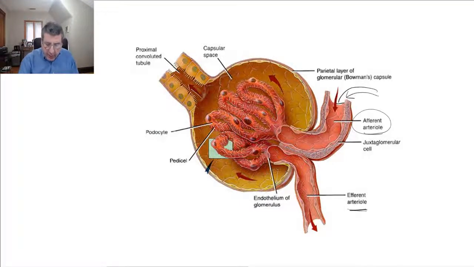So what's happening are, let me put these in green so you can see them. Those cells in this area, okay, those are modified. These are going to be the cells that deal with vasoconstriction and vasodilation, okay?